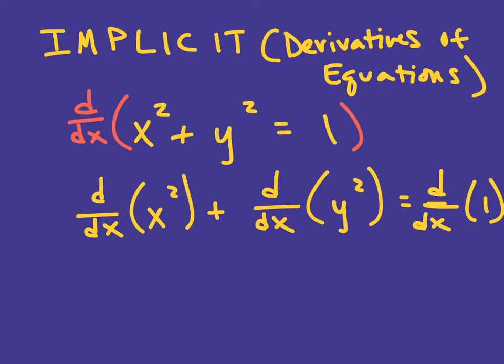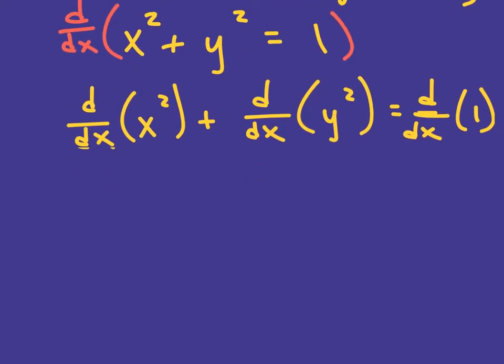Okay, now, when I look at this, d/dx of x squared, I'm just going to use the power rule. So bring the 2 down, keep my x, 2 minus 1 is 1, so my derivative of that is just 2x. Now, over here on this part, x and y don't match, so I have to use the chain rule here.